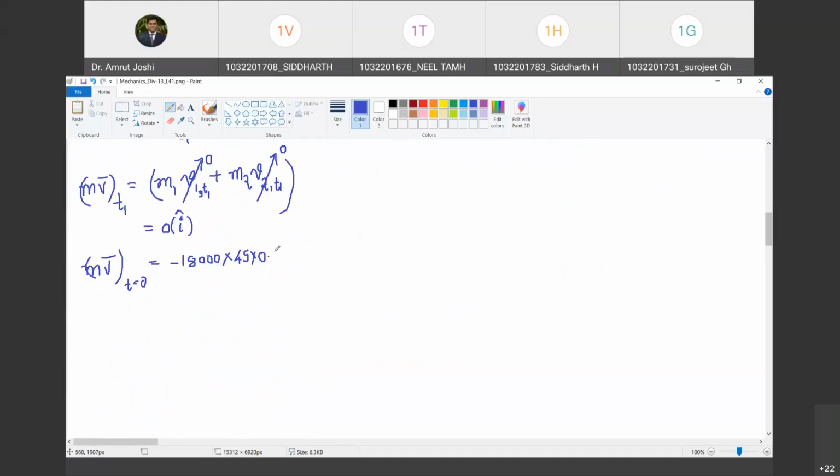Do you agree with me? This quantity is I cap, because this is the quantity directed in the negative x direction. So therefore there is a negative sign.